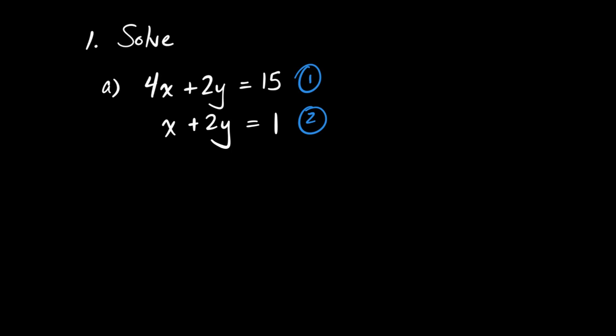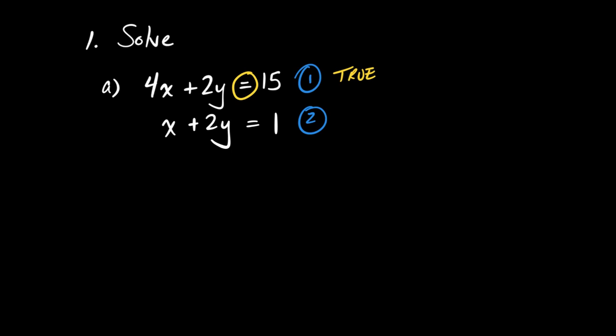Now, the theory behind using elimination can get a little confusing, but if you hang tight, I think we'll get there. What you have in equation 1 is a statement that is true. Why is it true? It's because you've been told it's true. You've been given an equation that says 4x plus 2y equals 15.